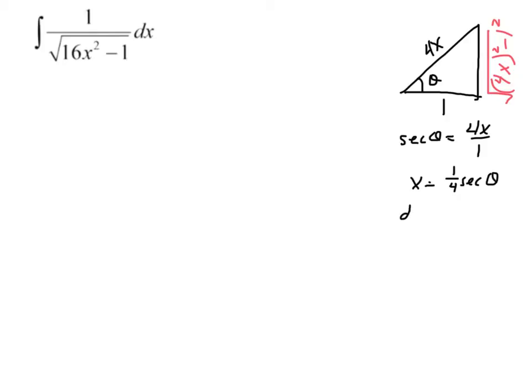So that means that dx is 1/4. Now the derivative of secant is secant theta multiplied by tangent theta. And we always like to list that then theta is the inverse secant of 4x. Okay, so we've kind of created this whole little table of things we now know.